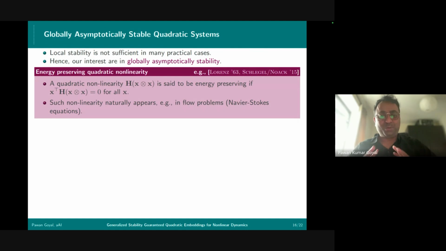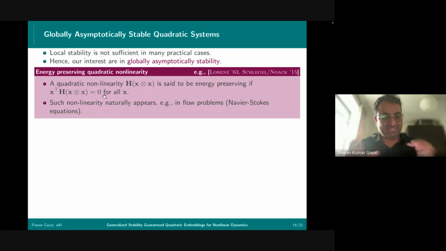This goes back half a century, when Lorenz was working on similar work, and he introduced the concept of energy-preserving quadratic nonlinearities. What it means is that if we have a quadratic nonlinearity, let's say h(x, x), it is said to be energy preserving if you multiply this nonlinearity by x transpose, this will give you zero.